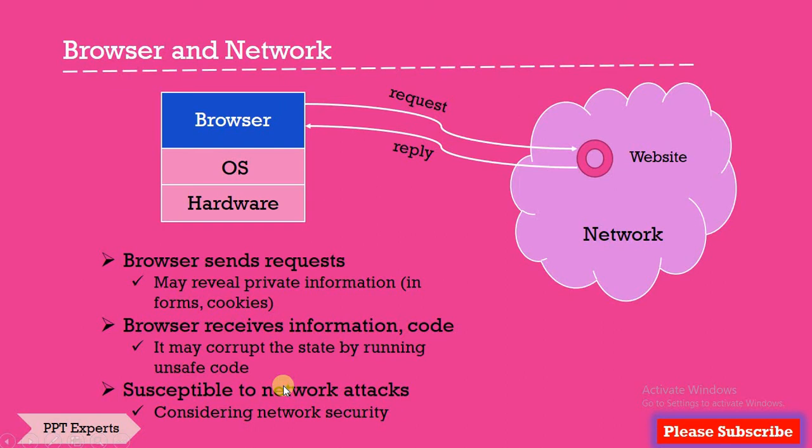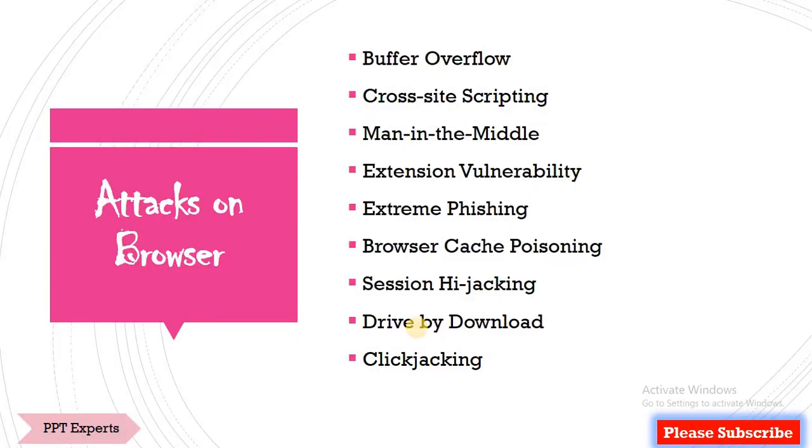And last, it is susceptible to network attacks considering network security. So all of this can be susceptible to network attacks like phishing, man in the middle attacks. We will see in the next slide.